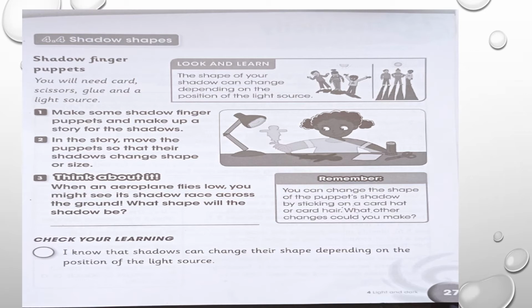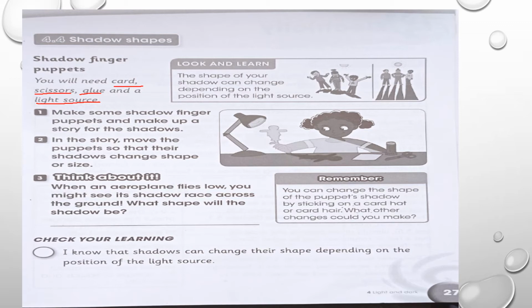To make a shadow finger puppet, we are going to need a card, scissors, glue, and a light source. Make some shadow finger puppets and make up a story for the shadows.